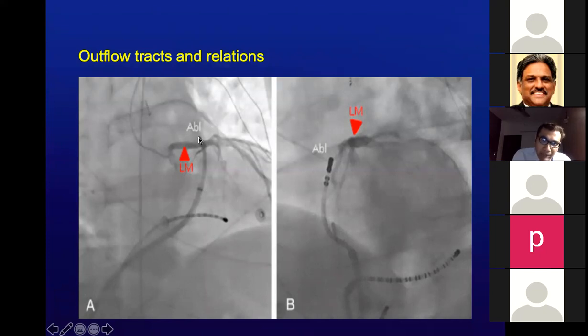Anything that is high up and anterior is in the RVOT. Look at it on the LAO, you can see that this is in the RVOT. So look at how close the RVOT goes towards the left main. This catheter is in the left main and the RVOT is in close proximity to the left main.